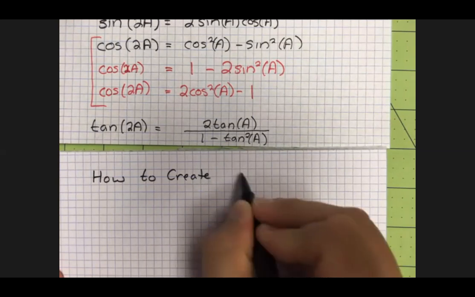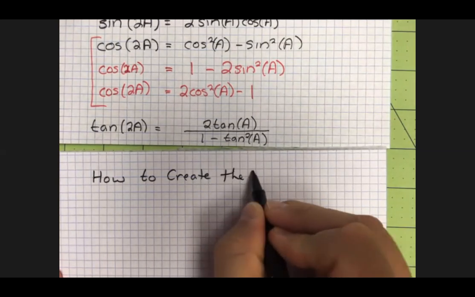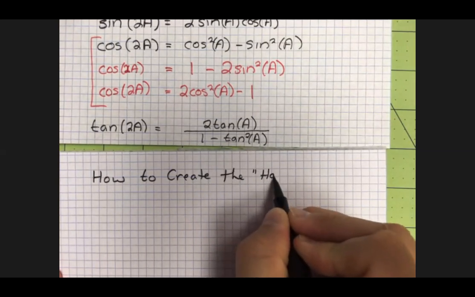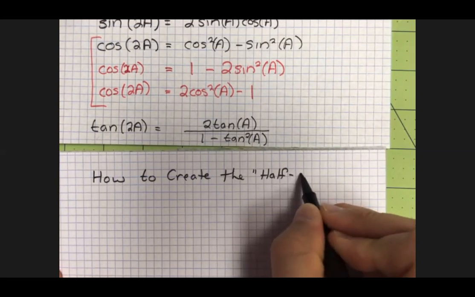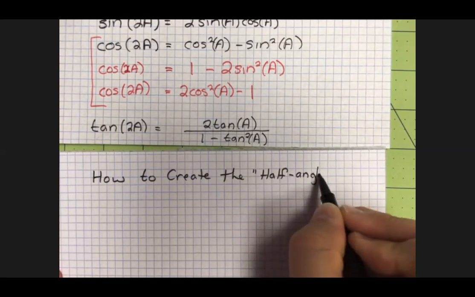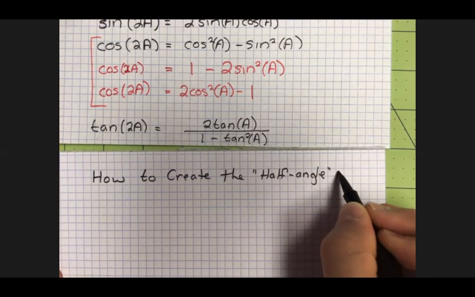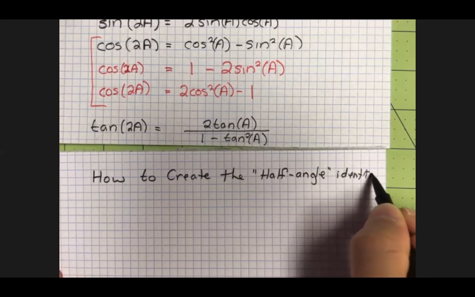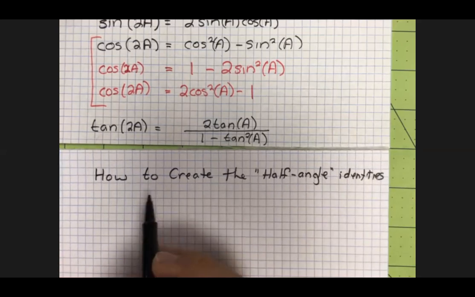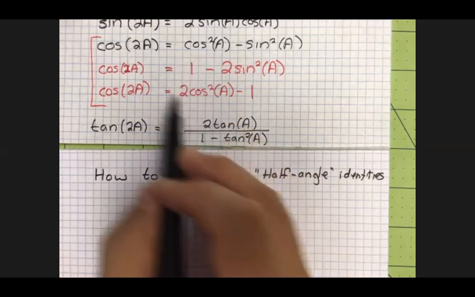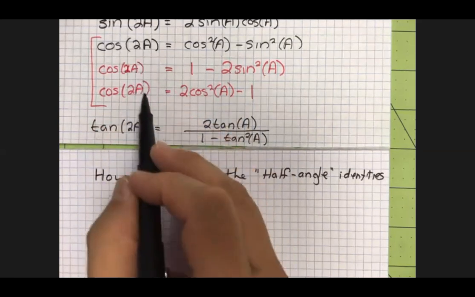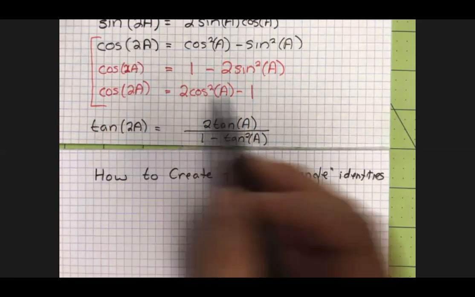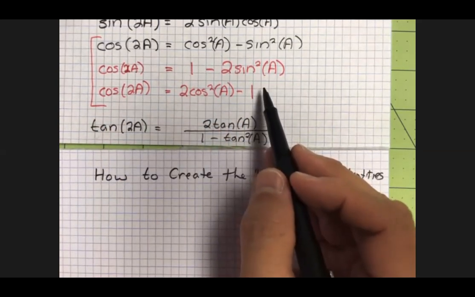How do you create the half angle identities? Let's focus on these 3 cosine of double angles, and in particular, the ones that I wrote in the red.